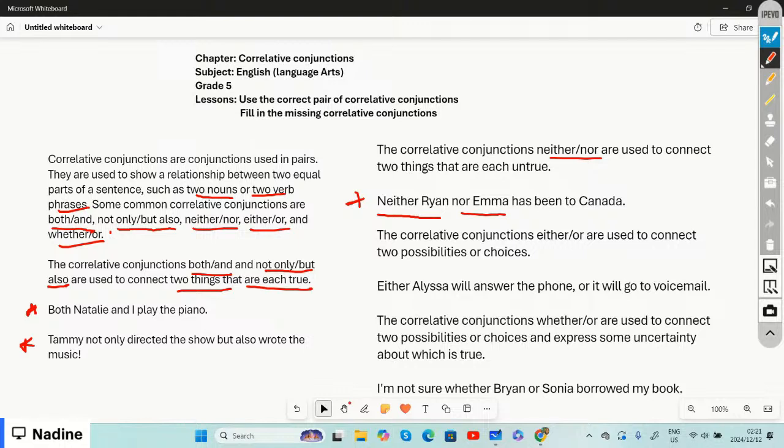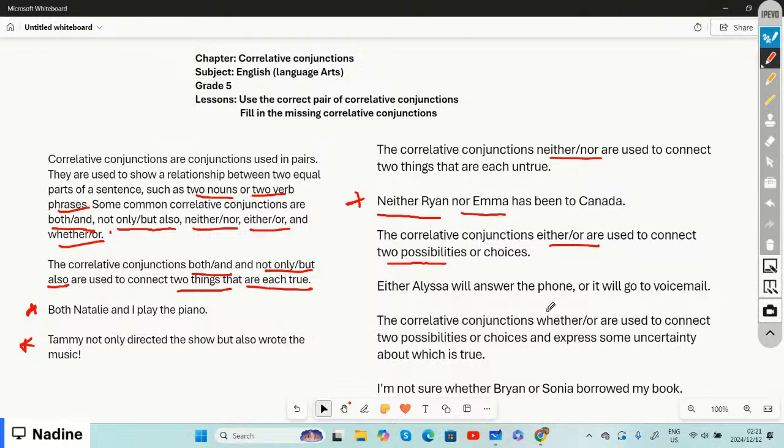All right. Then we have the correlative conjunction either or, and that is used for two possibilities or choices. It's either this or it's that. Your choices that you need to make.